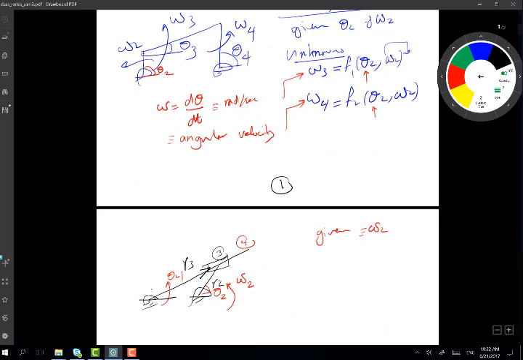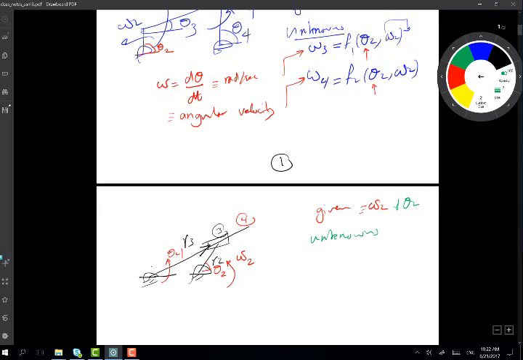So given would be omega 2 and theta 2, and my unknowns would be omega 4, which is some function of theta 2 and omega 2, and, well, I'll write this as d r3 dt, right?